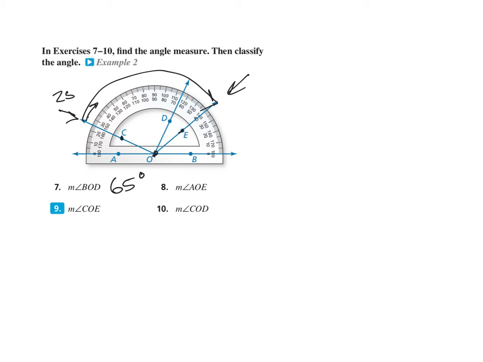That's 25 degrees. And OE is at, don't say 40, so we're going from this side. Use the same set of numbers wherever you start. So that's 25 degrees all the way to 140 degrees. All right? So that angle would be 140 minus 25, or 115 degrees.